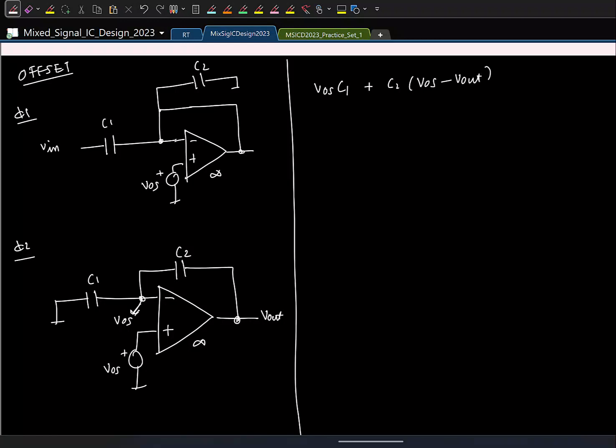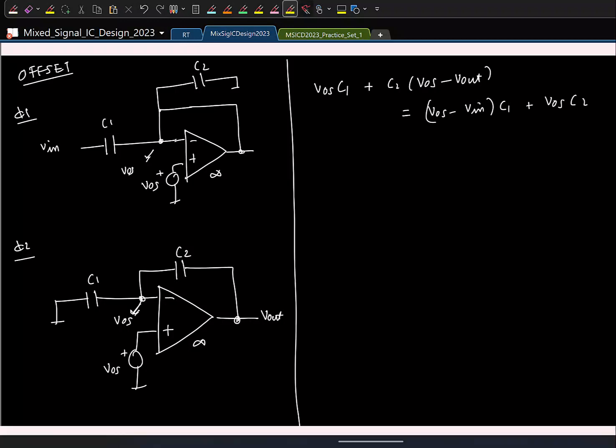So this is equal to the charges stored in these two plates in the previous phase. And what is that? This voltage is also VOS, remember? VOS minus V in times C1 plus VOS times C2.